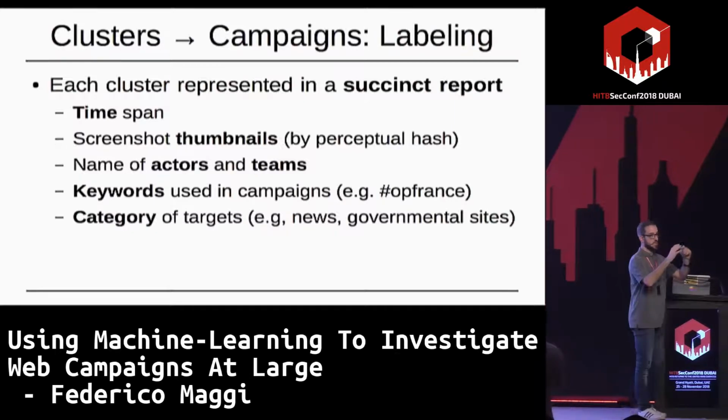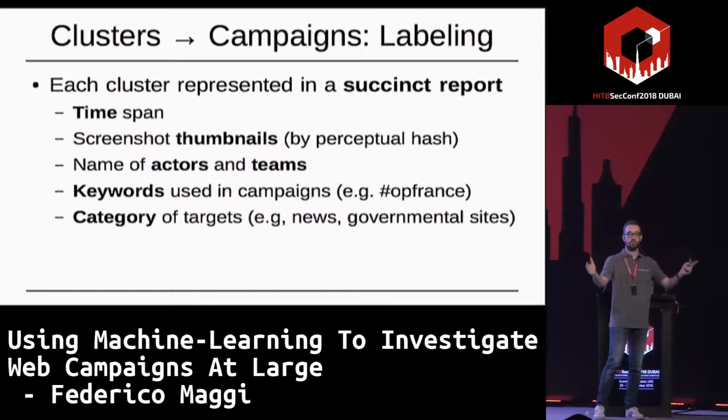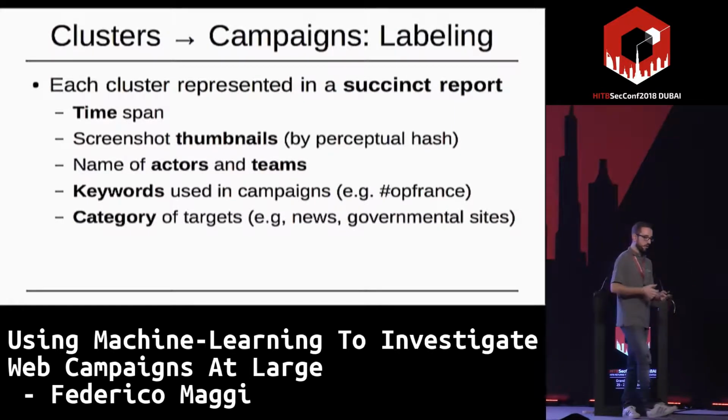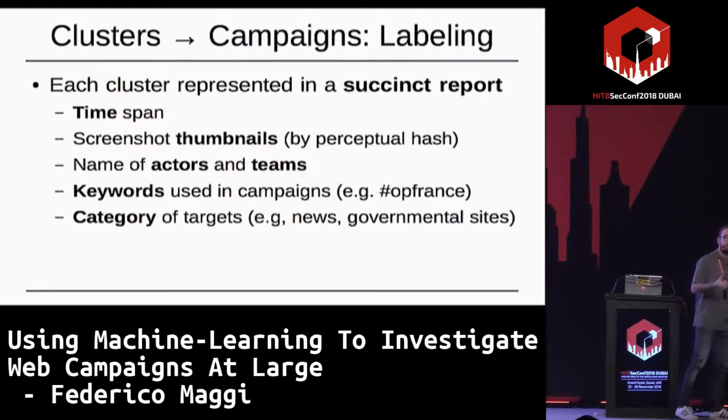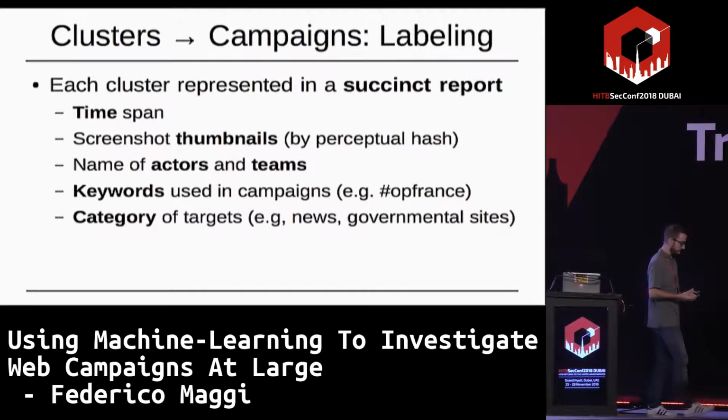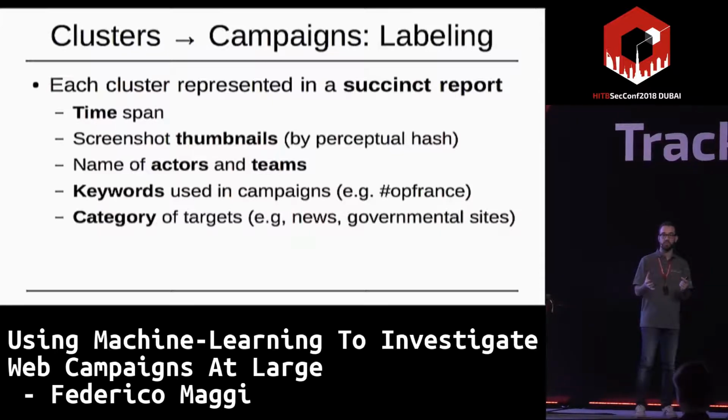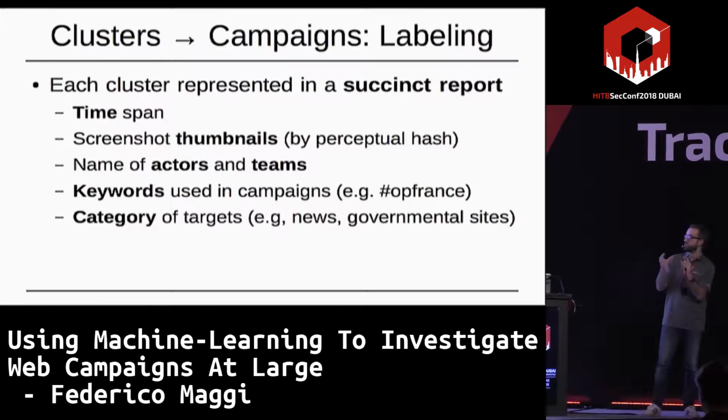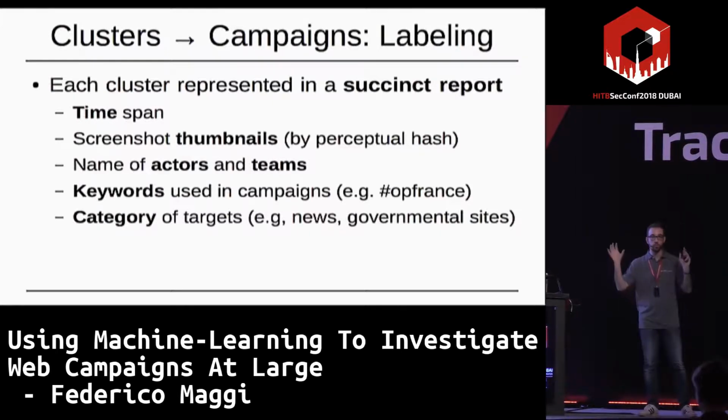So we can say, oh, this cluster is one campaign that lasted 2 days. The thumbnails of the screenshots: we keep the perceptual hash. We look if by accident two clusters that ended up separate had the same perceptual hash.